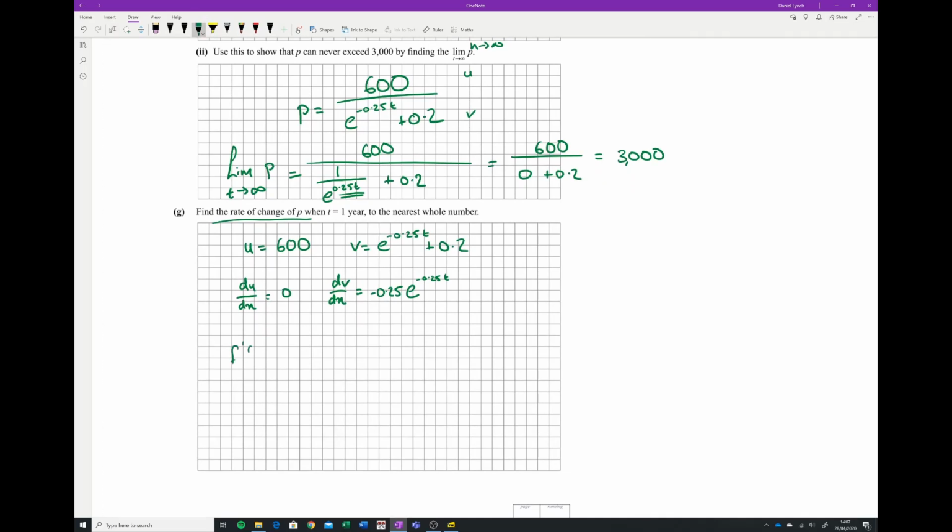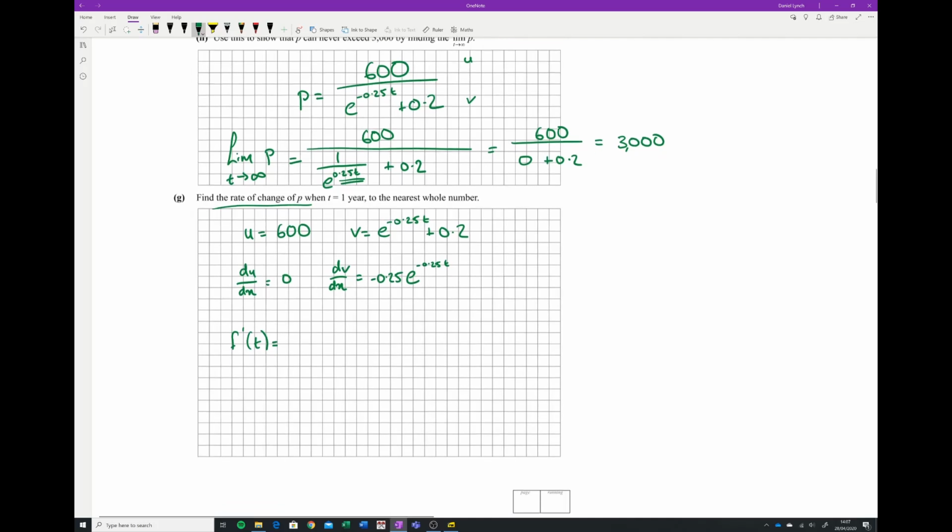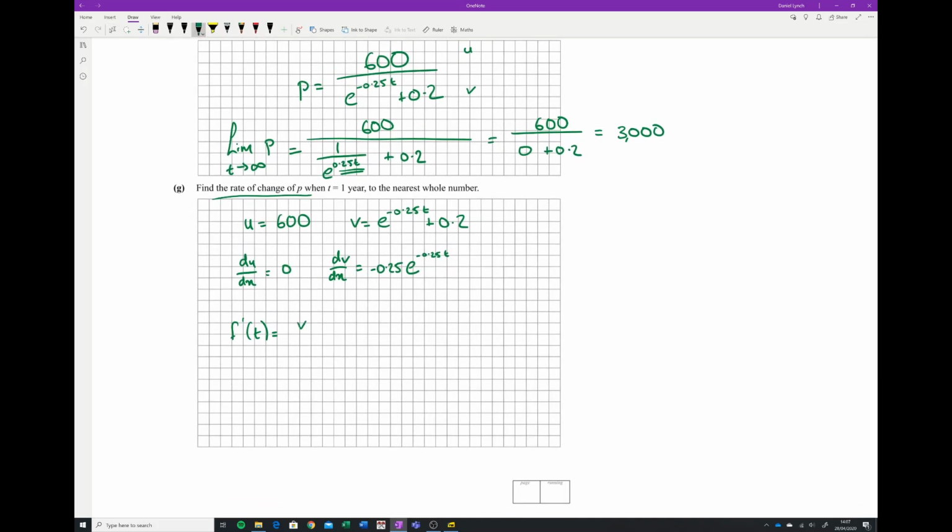f dash of x, in this case f dash of t, the rate of change. f dash of t is equal to, well, there's a formula, and for quotient rule it is v du dx plus u dv dx, all over v squared.